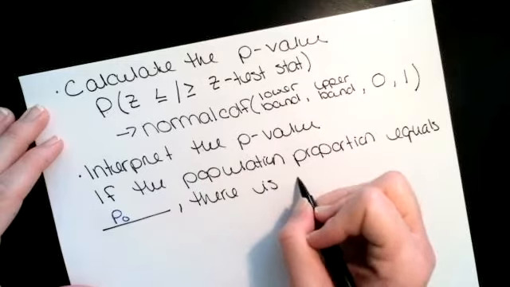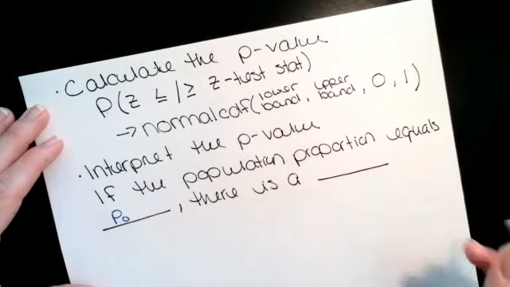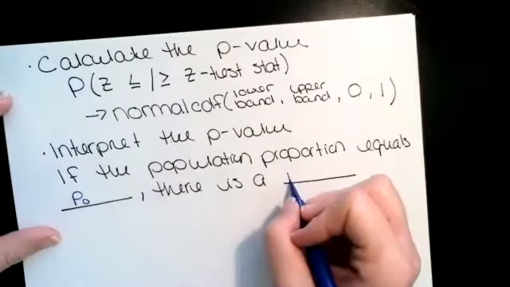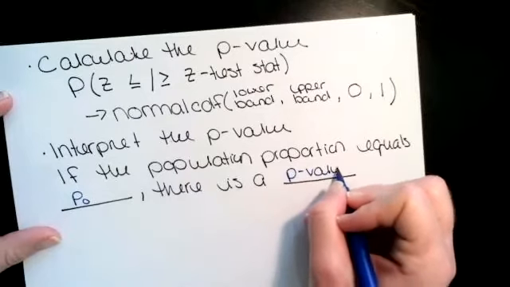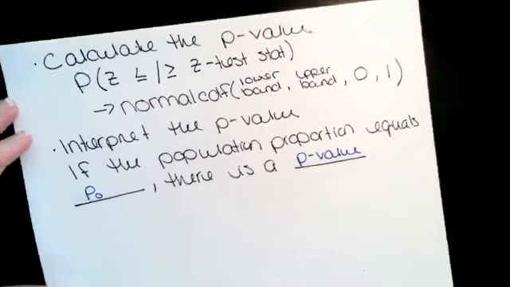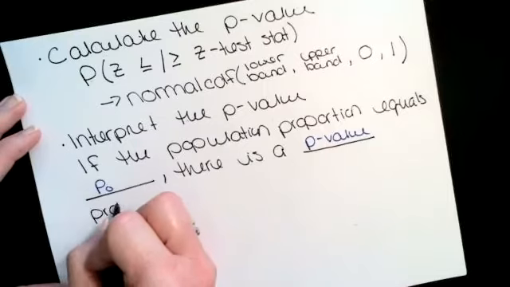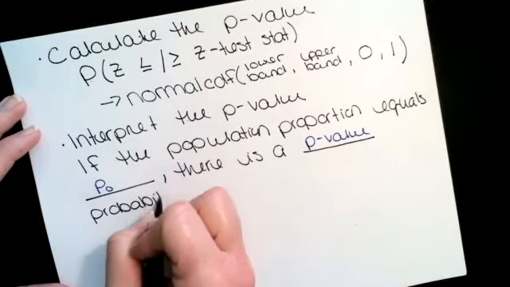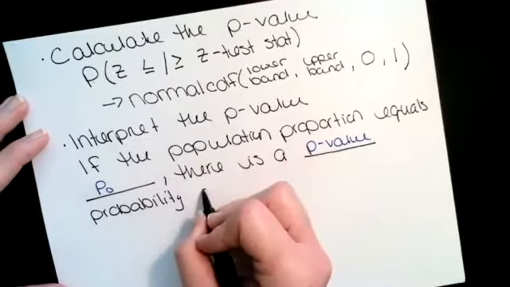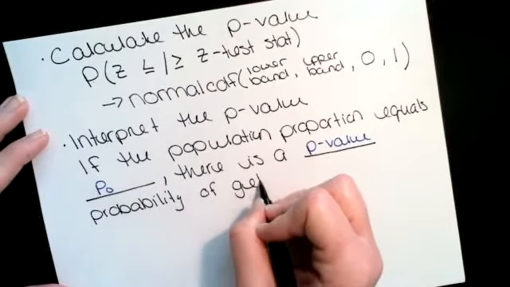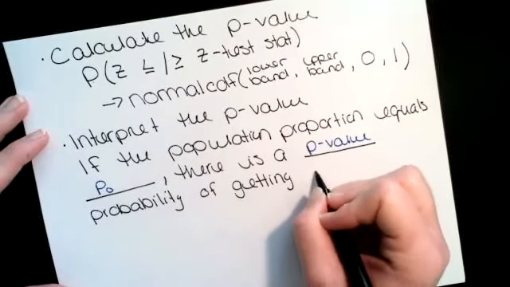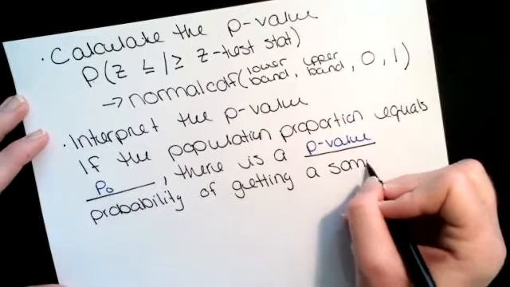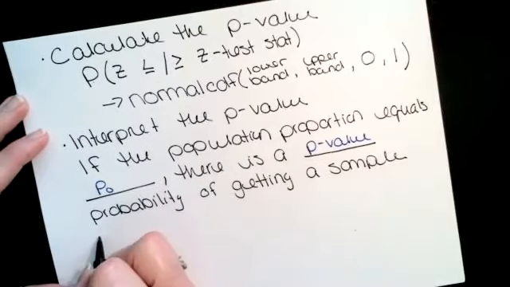There is a p-value: the probability of getting a sample proportion. So I'm talking about categorical.